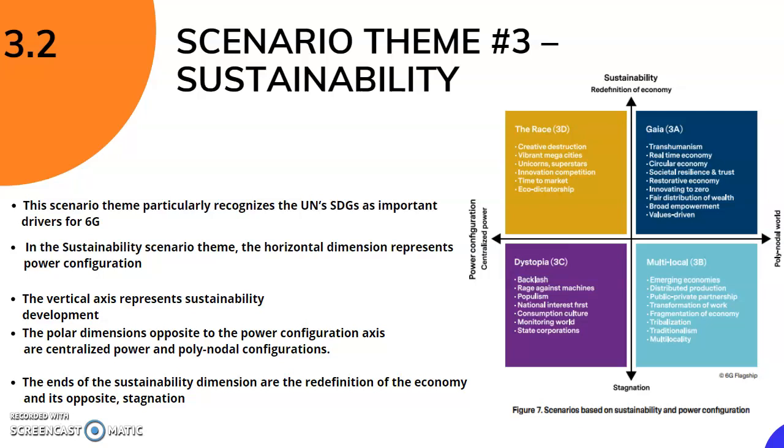So moving to the Race scenario. In the Race scenario, sustainability is redefined economic driven, and the power configuration is centralized power focused. Organic climate and sustainability action has led to eco-dictatorship and creative destruction because voluntary change in people's behavior is considered unlikely.